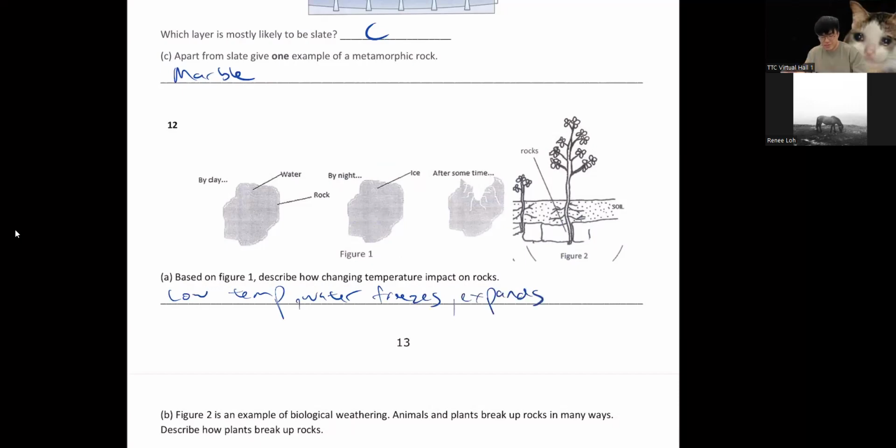And then at high temperature, your ice melts, so this thing will contract. So contract, relax, contract, relax, contract, relax. This thing will just crack, and then now you have 2 smaller rocks, they crack into half.